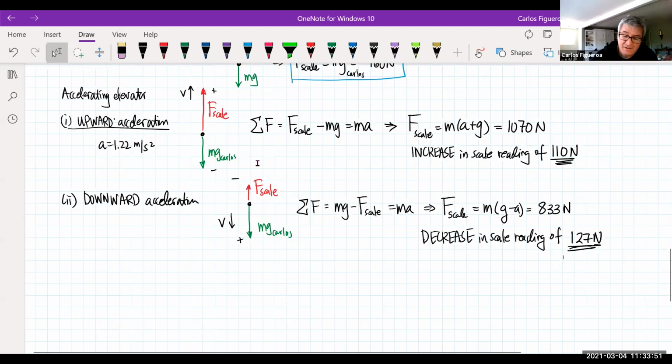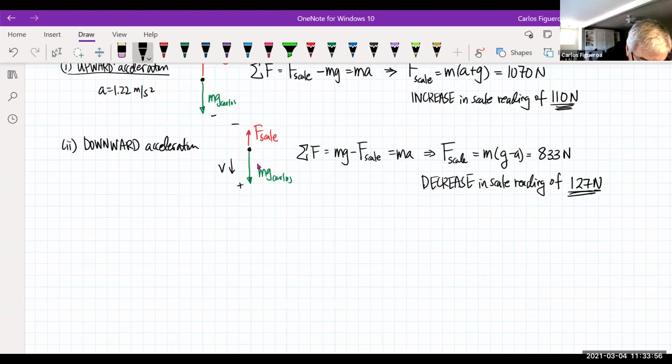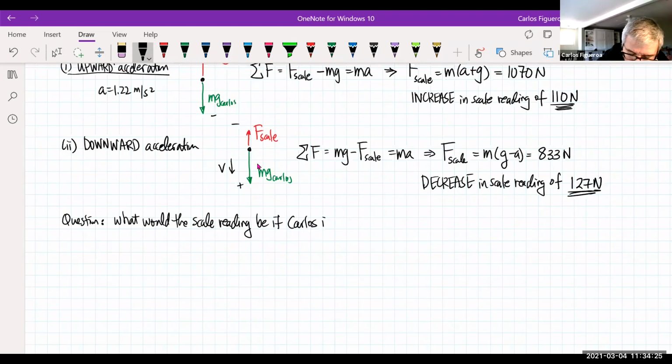But there's something really interesting here, and it's really this question: what would the scale read if the elevator went into free fall? What would the scale reading be if Carlos is in free fall?